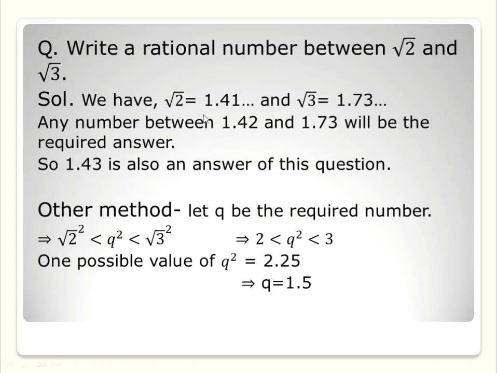We have values of root 2 and root 3, that is 1.414... and 1.732.... We can select any number between 1.42, which is slightly greater than the value of root 2, and 1.73, which is less than the value of root 3.